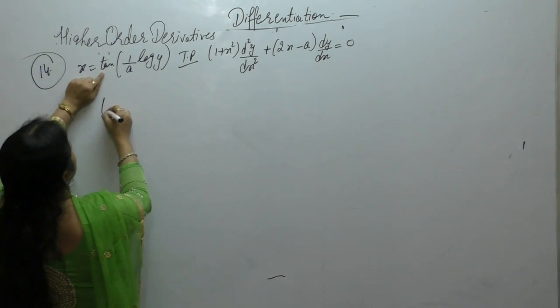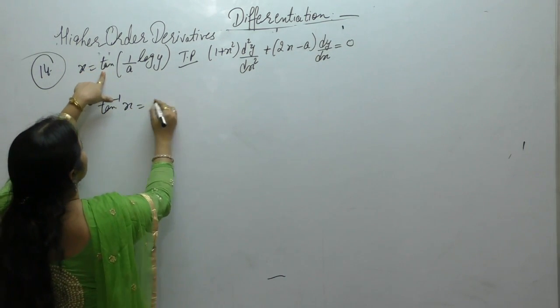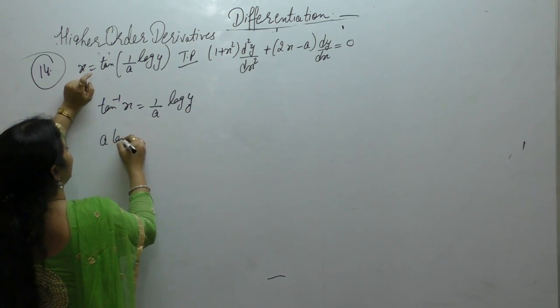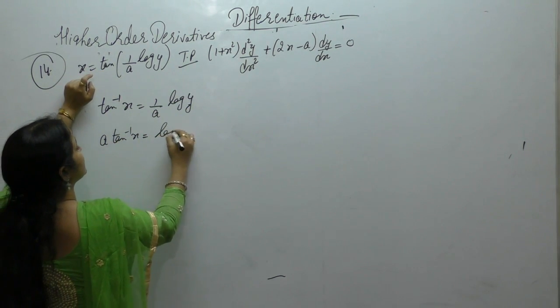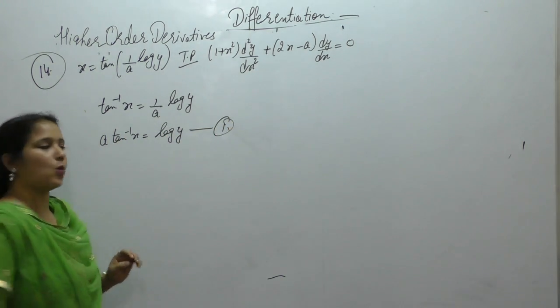We can write this term as, when tan goes on the left hand side, tan inverse x equals 1 upon a log of y. So a tan inverse x is equal to log of y. Let this equation be 1.